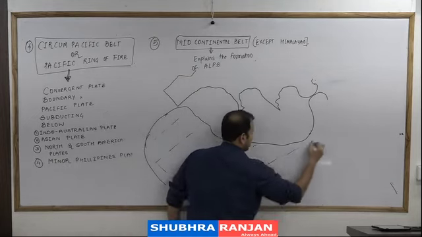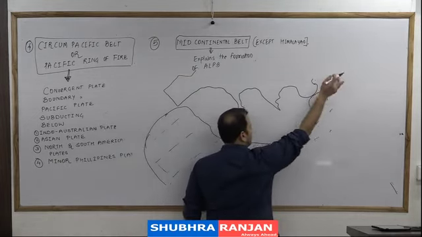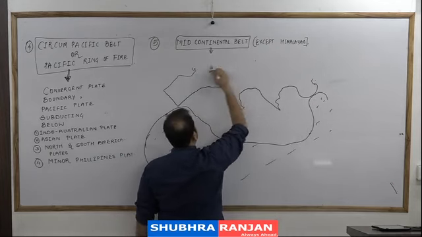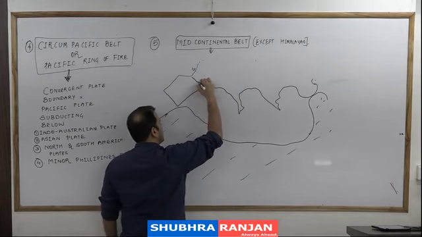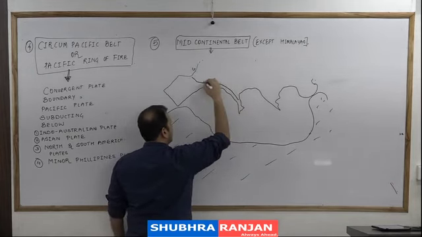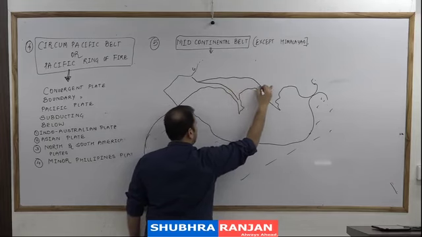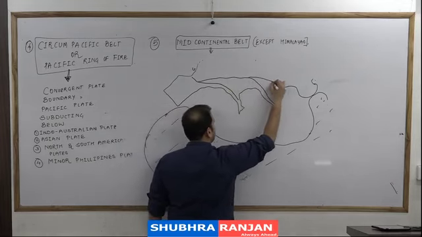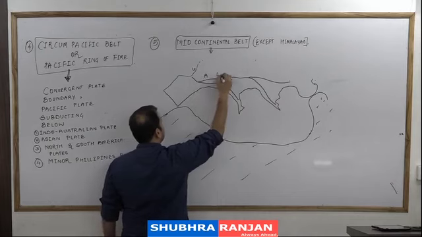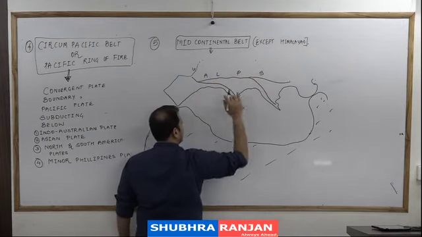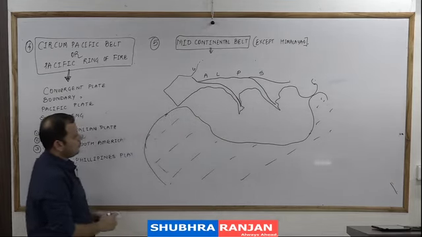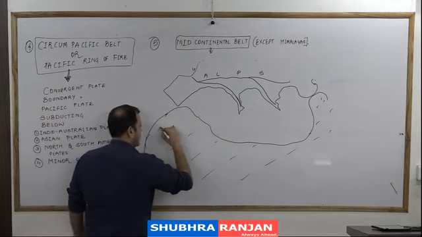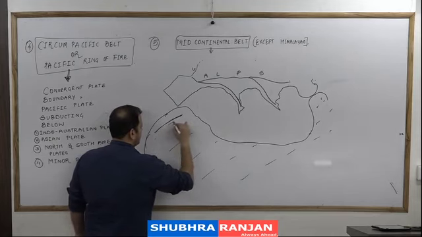This is Africa. After that, there is Asia over there. This is Europe, and this is Alps. And these mountains you already know are Atlas.